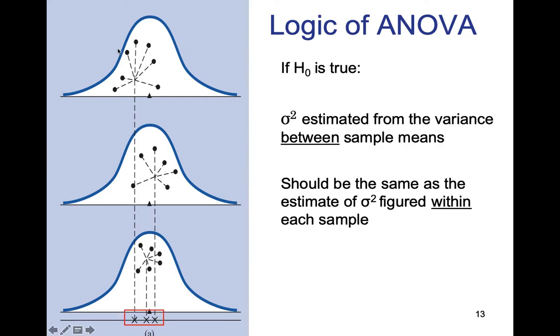So in other words, figuring out what the population variance is, that is, what is basically the spread of this distribution, using this between means approach, should converge on the same estimate that we would get using the technique that we've already learned, which is the pooling together of the estimates of population variance from our sample variances. Those two things should converge. So the between should converge on the within.